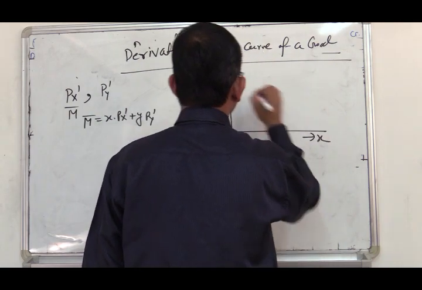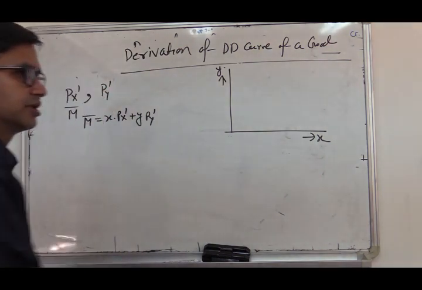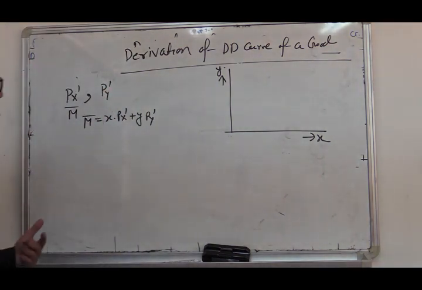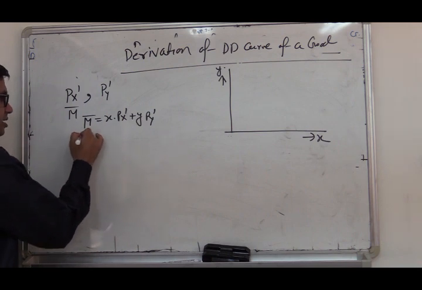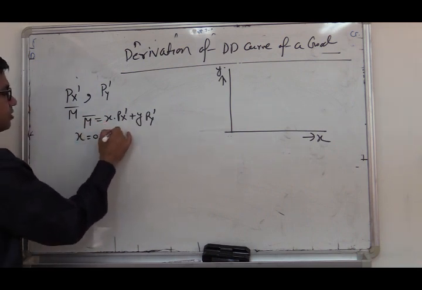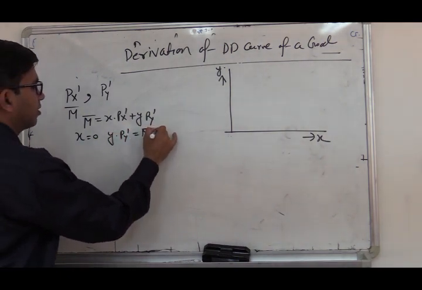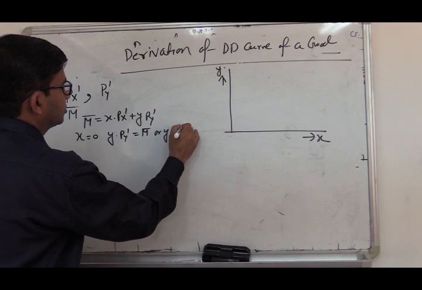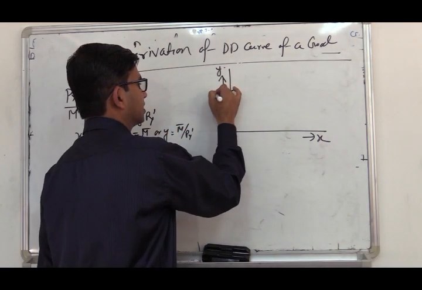So here in the horizontal axis we are measuring x and in the vertical axis we are measuring y. So now what will be the budget line? Let us see again: if x equals 0 then y into py1 equals m bar, or y equals m bar by py1. So this will be the vertical intercept.